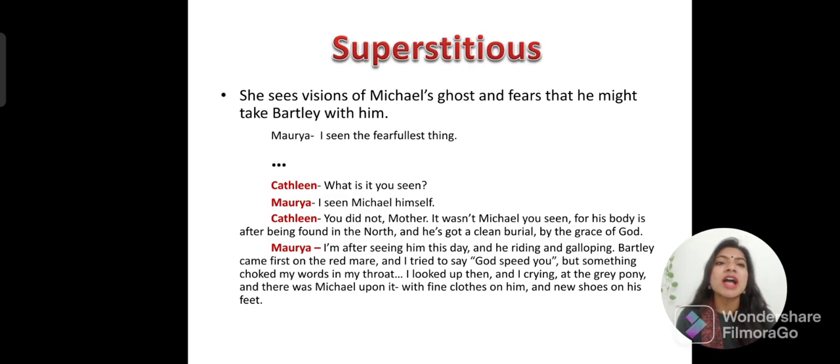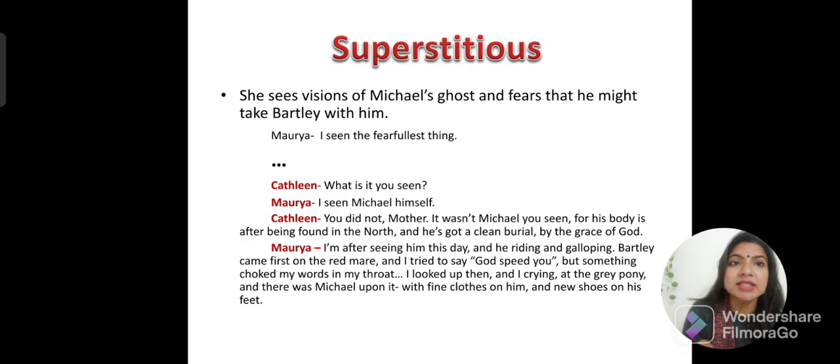So Maurya has such visions also, of Michael's ghost. They believe in such things. The mention of the color grey, which is a symbol of death, something between life and death. Black symbolizes death and white symbolizes birth.